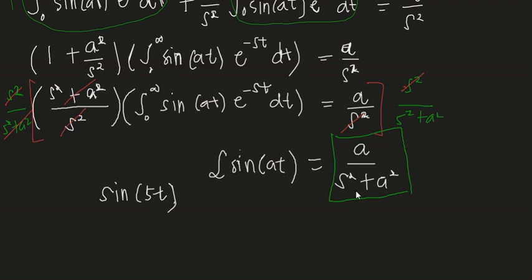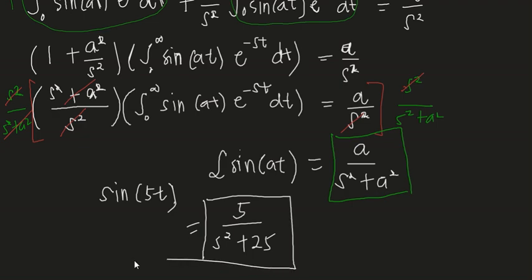So, automatically, that will be equal to, constant natin yung 5 sa babaw, all over s squared plus square sa aton constant, which is equal to 25. So, mulang man ang iyang Laplace transform. Automatic. So, this is it para sa derivation naton sa ating sine kag cosine Laplace transform.